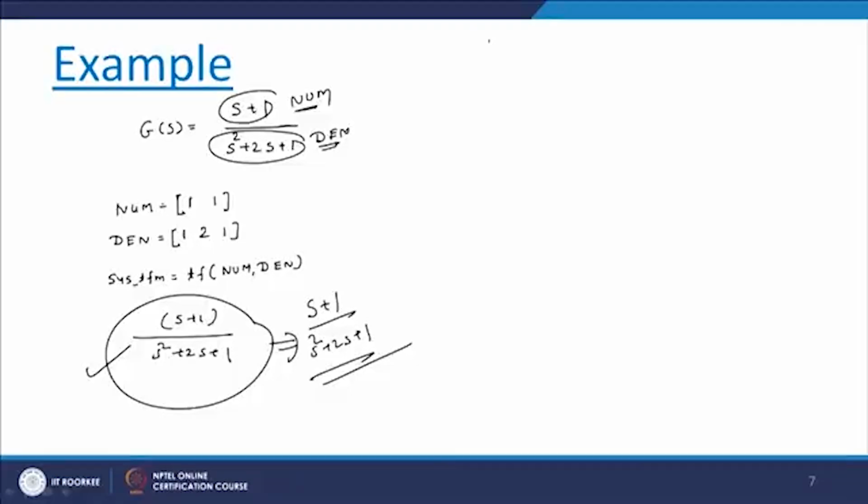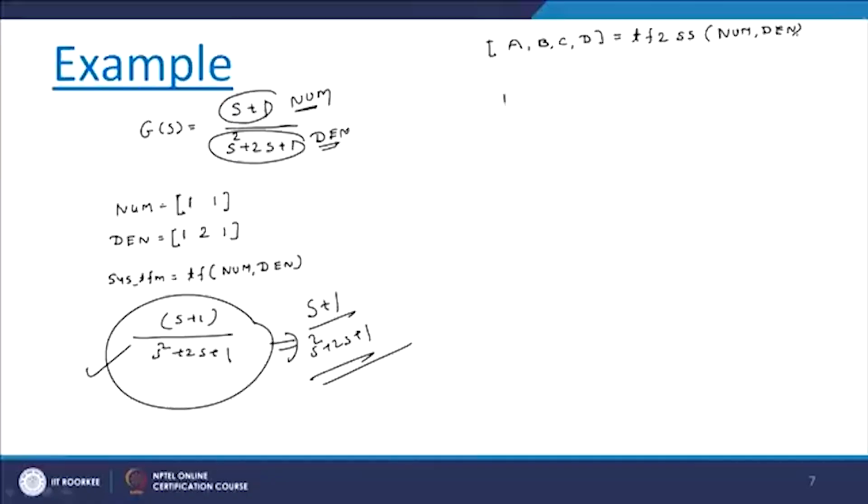TF2SS. So here we can write the command as [A, B, C, D] = tf2ss(num, den).